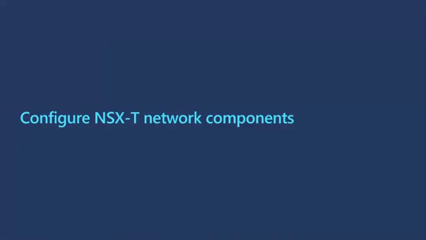The next section is configuring your NSX-T. And remember, on-prem it's NSX. In Azure, it's NSX-T, which is basically your software-defined data center components for the networking within your AVS environment.